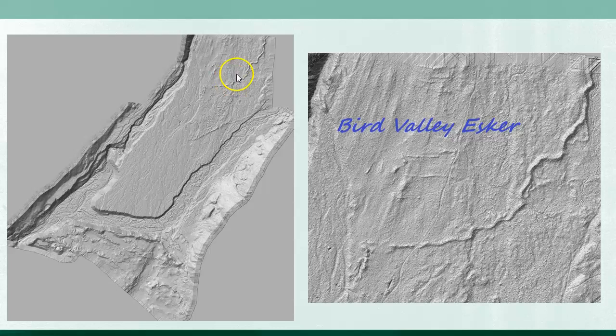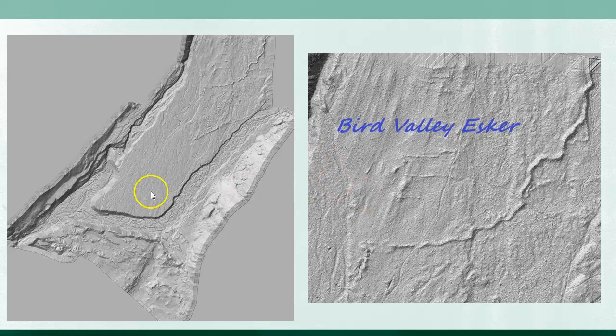Up to the north of the map is a snake-like feature. That's an esker. It was created by a river that flowed in a glacier, underneath a glacier, and it deposited material, but instead of eroding down into the outwash, it left it above the outwash and created this meandering river that was revealed later on when the glacier retreated.